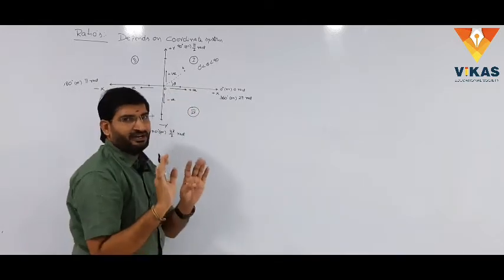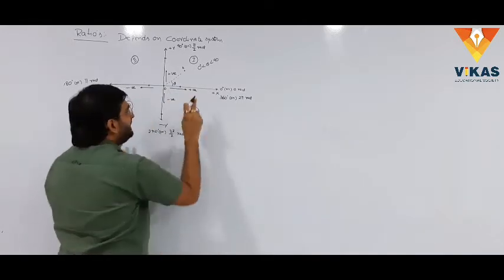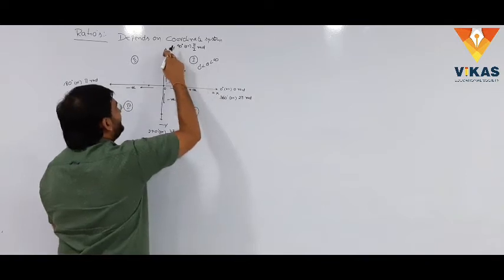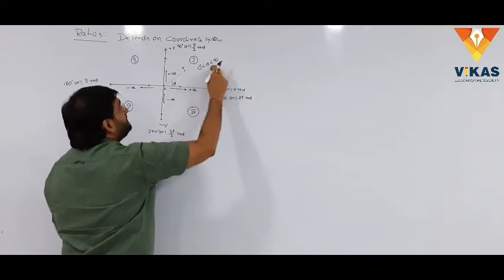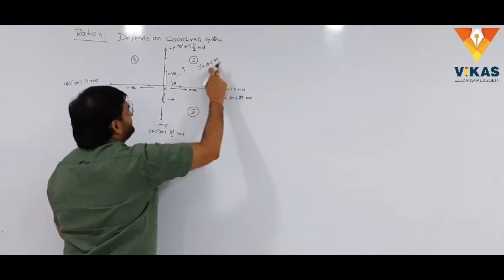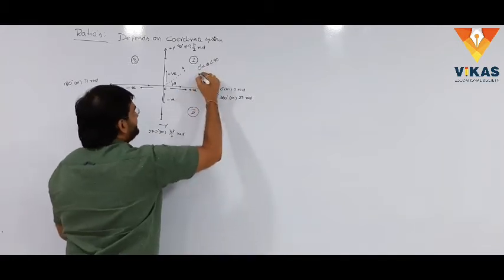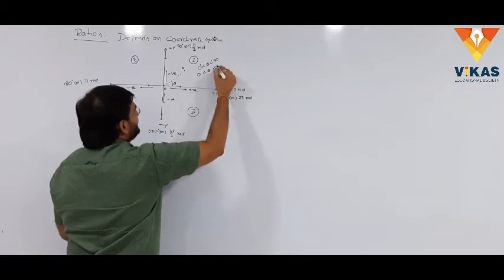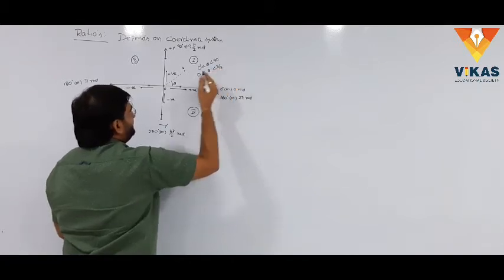Where will theta be located? Theta is located between 0 degrees and 90 degrees. That's why it can be written as 0 less than theta less than 90 degrees, right? Similarly in radians, 0 radian is less than theta, which is less than pi by 2 radian.